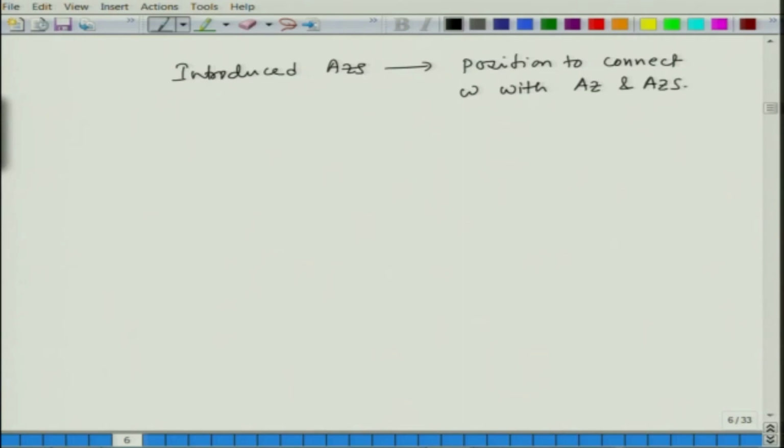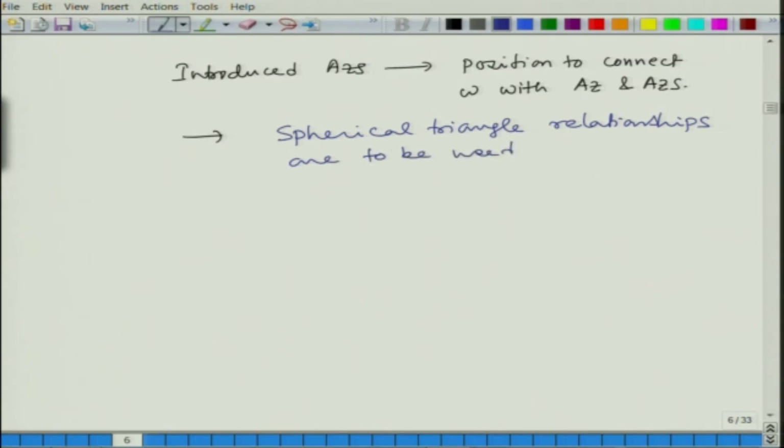And now we are going to use the mathematical relationship that we have taken from the 3-dimensional geometry, that is, the spherical triangle relationships are to be used.